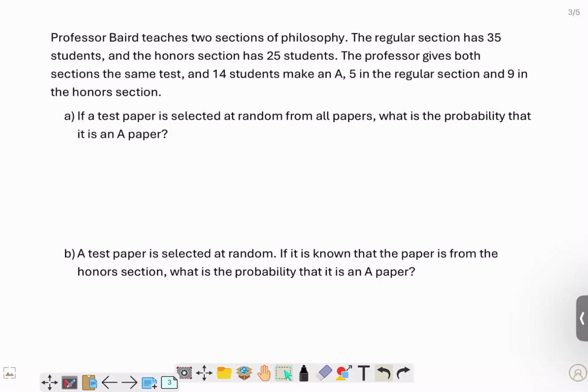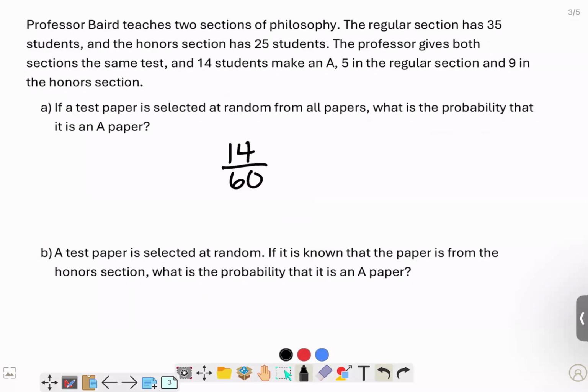The probability that we are choosing an A paper out of all of the papers, here we've got a total of 35 plus 25, which would be 60 students. And out of those, 14 students made an A. So the probability that we choose an A paper is 14 out of 60. So the students that made an A out of the total number of students who took the test.